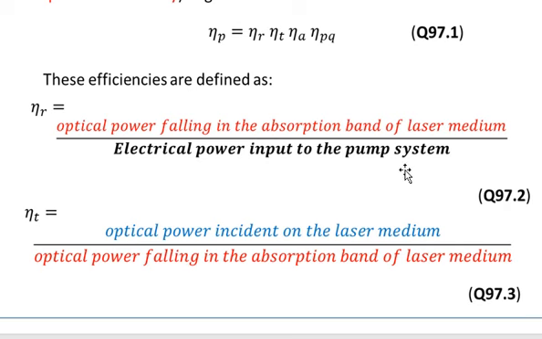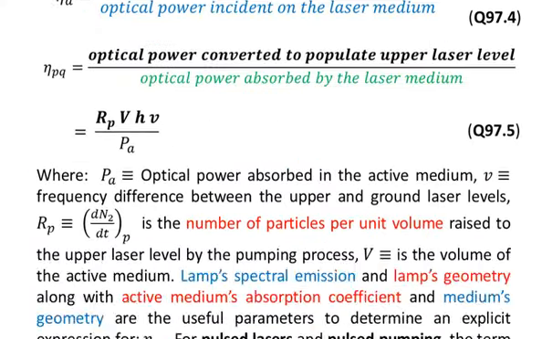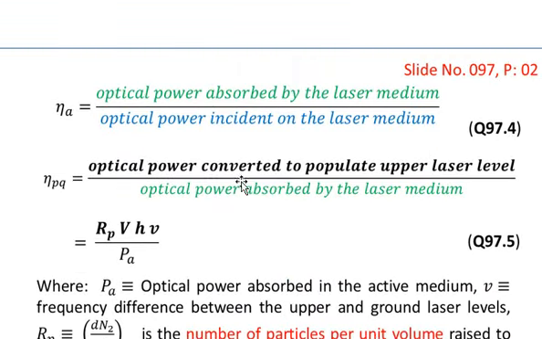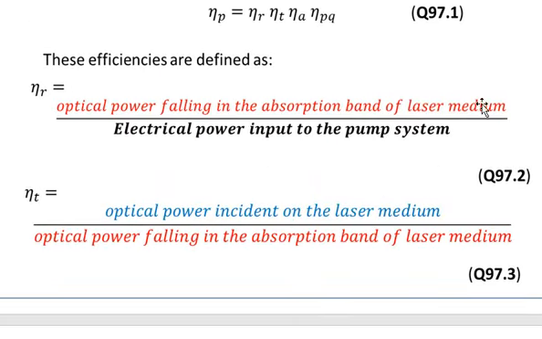So we have the final expression, the efficiency eta P. In the definition of eta P, the final expression that survives is equal to the optical power converted to populate the upper laser level divided by the electrical power input to the pump system.